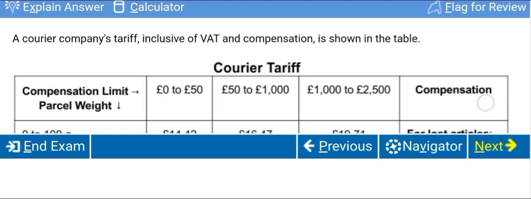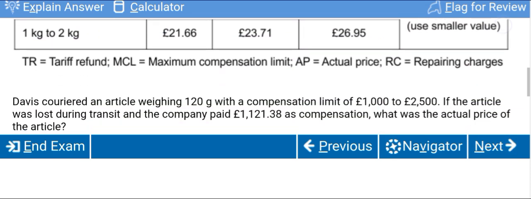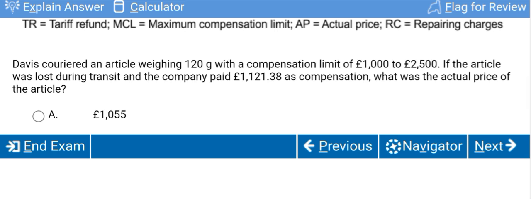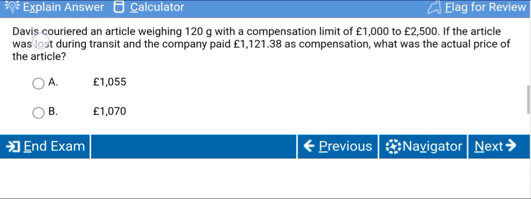Next, the information is given in the same table. The question is: Davis couriered an article weighing 120 gram with a compensation limit of 1000 pounds to 2500 pounds. If the article was lost during transit and the company paid 1121.38 pounds as compensation, what was the actual price of the article?